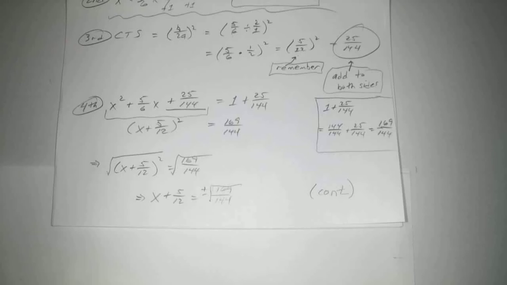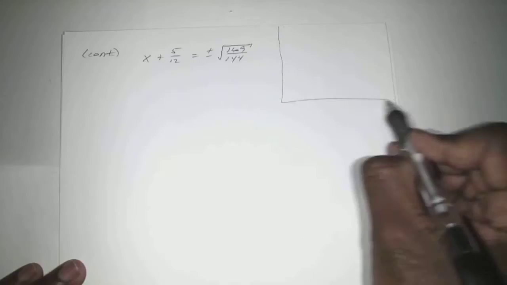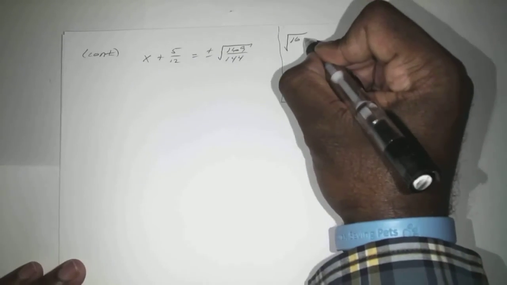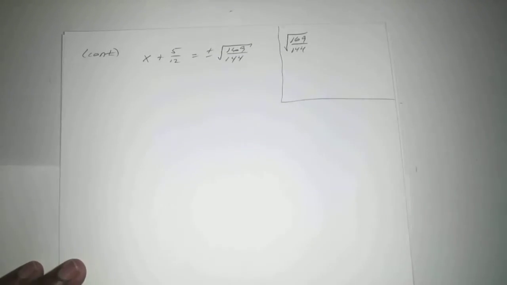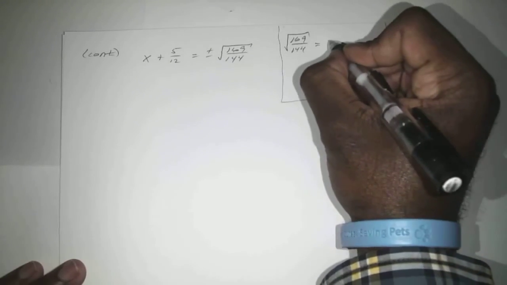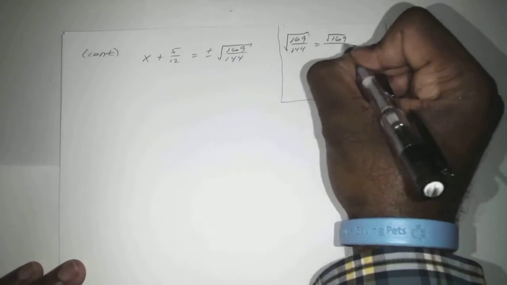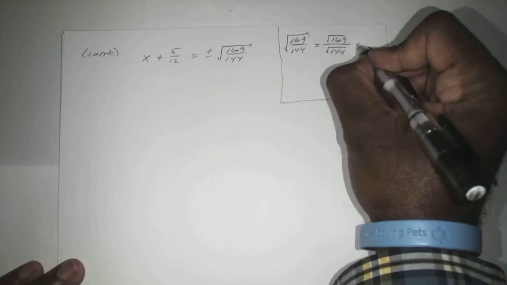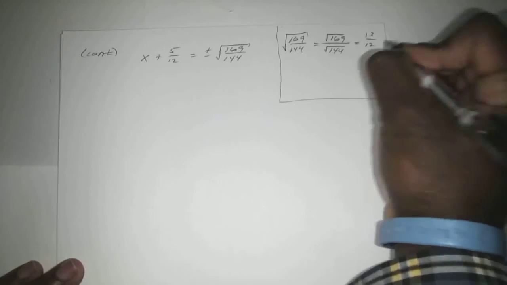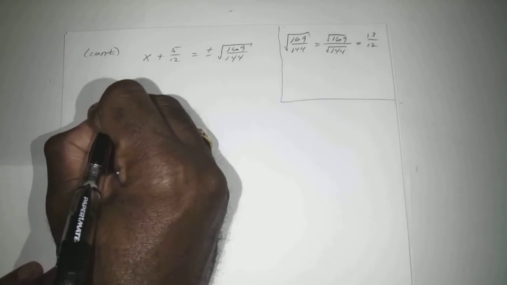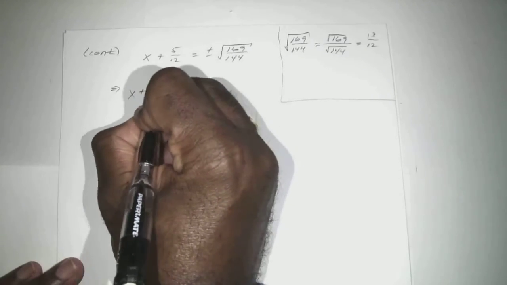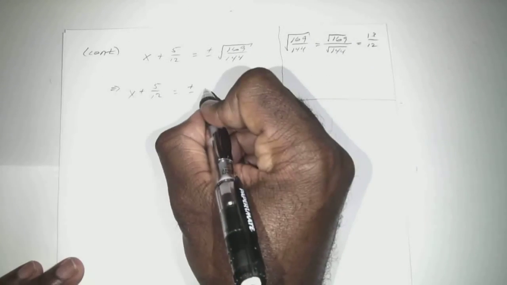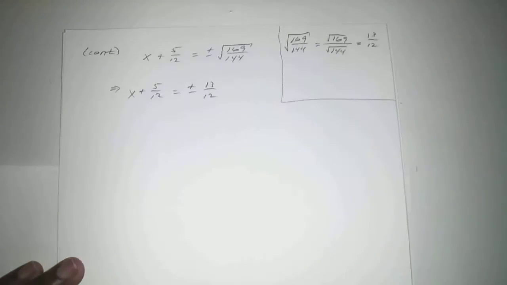So for our next step, we just left off there. We know the square root of 169 over 144 you can factor to become the square root of 169 over the square root of 144, which is 13 over 12. So this becomes x plus 5 over 12 equals plus or minus 13 over 12.